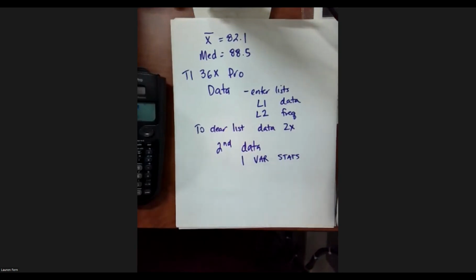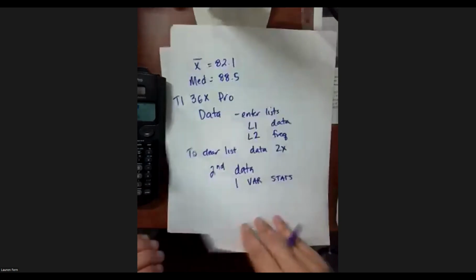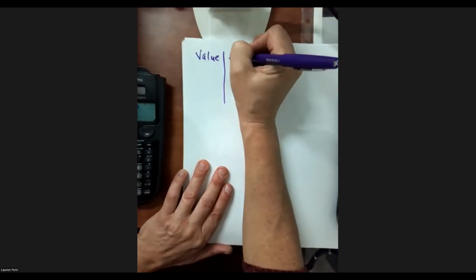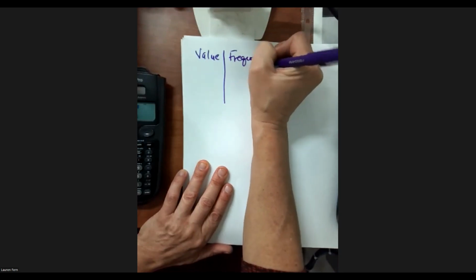Okay. Now what I want to do is show you a couple other ways that you're going to see this data presented to you. In fact, the next one, I'm going to give you a frequency table.